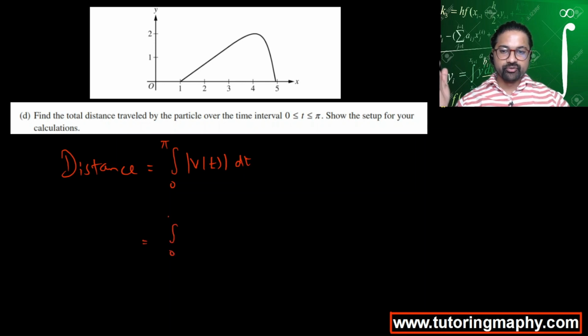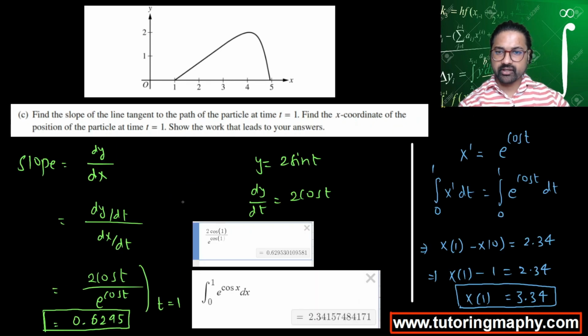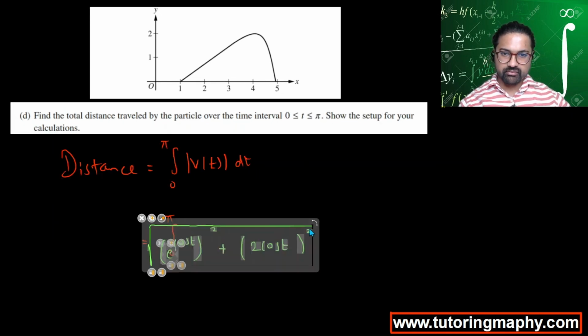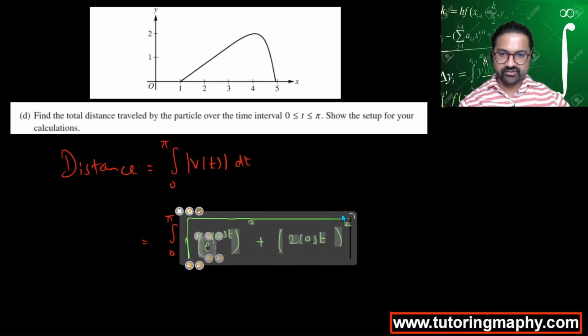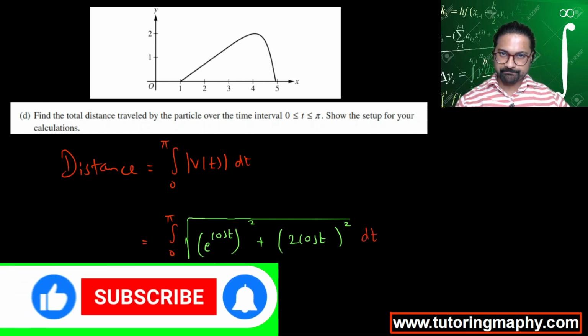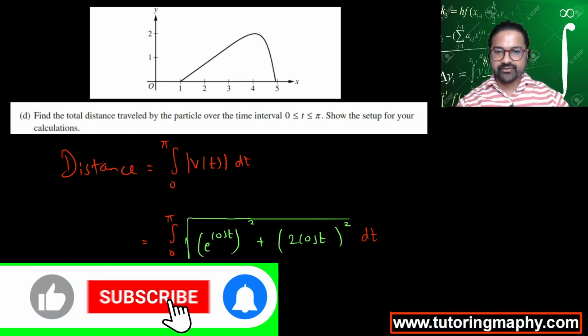So that's going to be 0 to pi, and we already have the expression for speed. We are not going to do it again, we're just going to borrow it from here. This is the expression for the speed, so I'm going to paste it right here. This is what I need to integrate from 0 to pi, and that's going to be my answer.